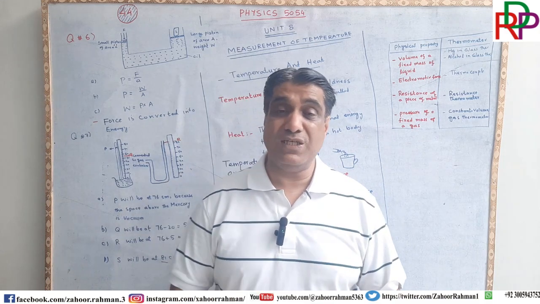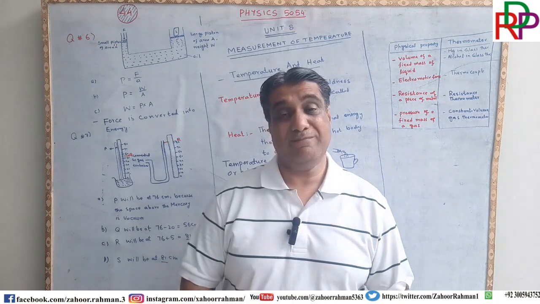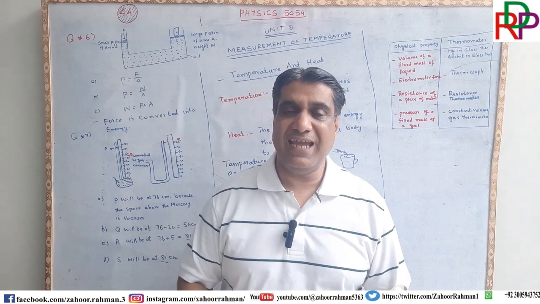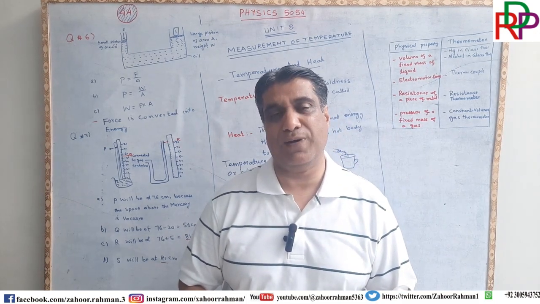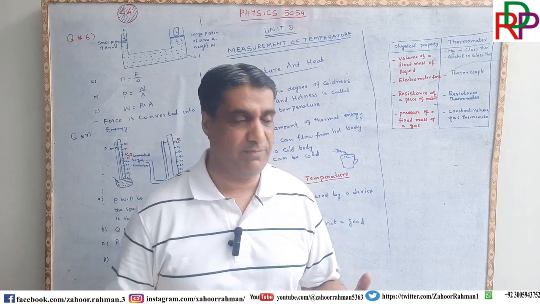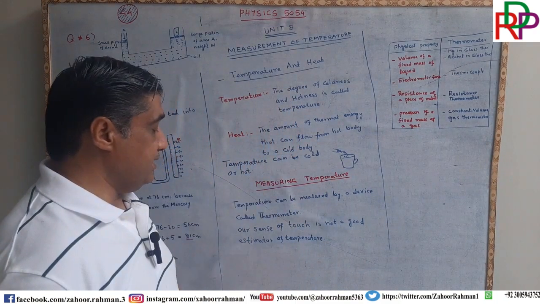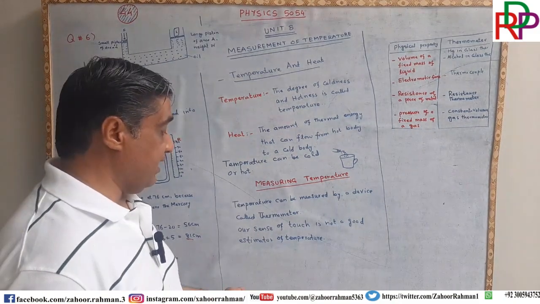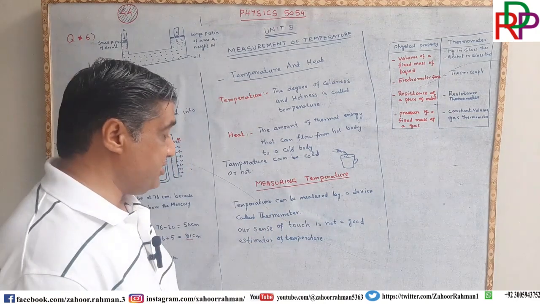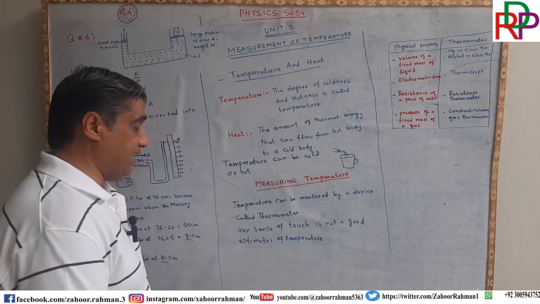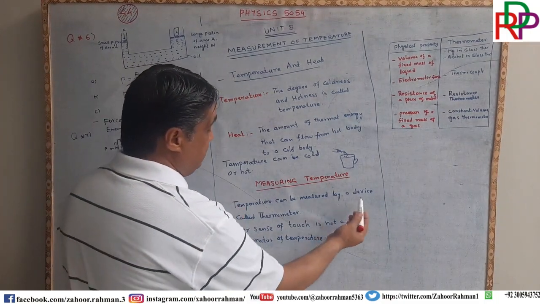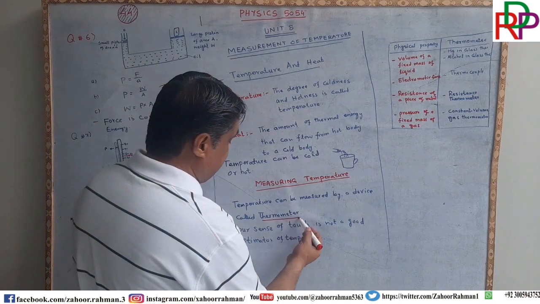For that purpose, we need an instrument to measure temperature, and the instrument used for accurate measurement of temperature is called a thermometer. Therm means hotness or coldness. Meter means measurement. Temperature can be measured by a device called a thermometer.